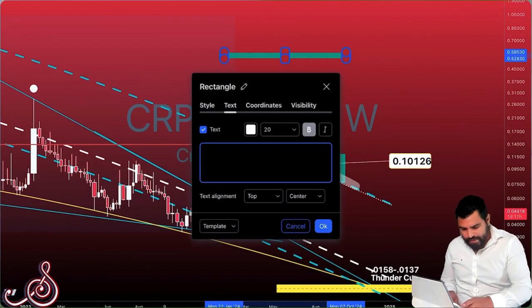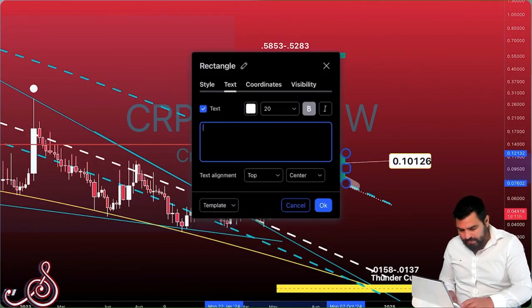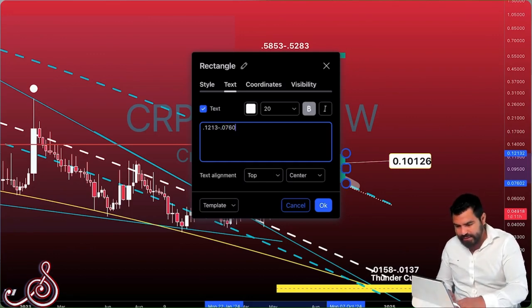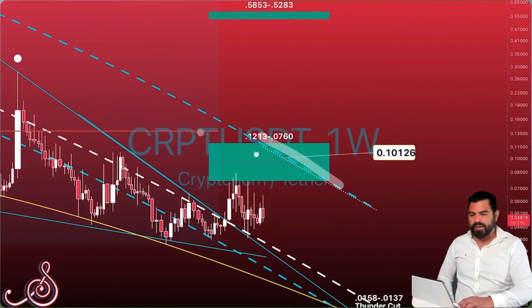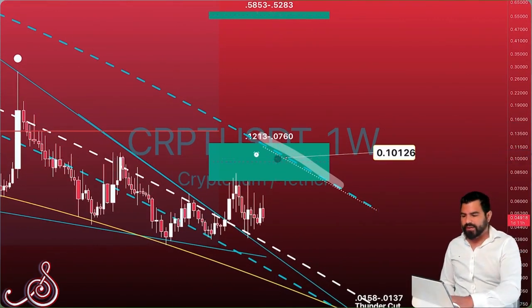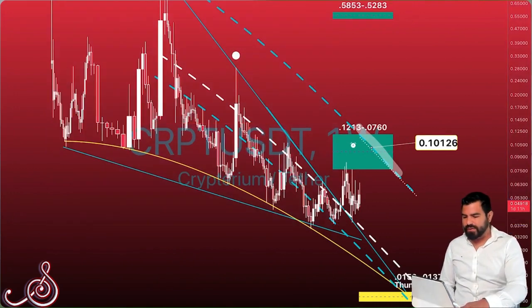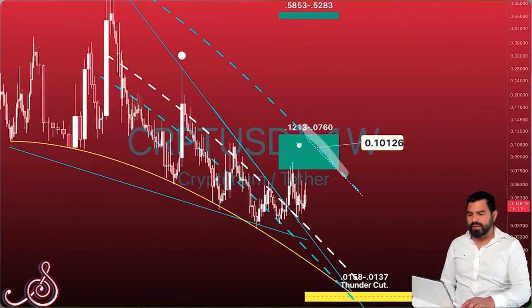And I'll just make sure I type this. Target 1 was that 12130760. All right. So there it is. They're both still in this area. That's a very good thing. And we'll stop there.